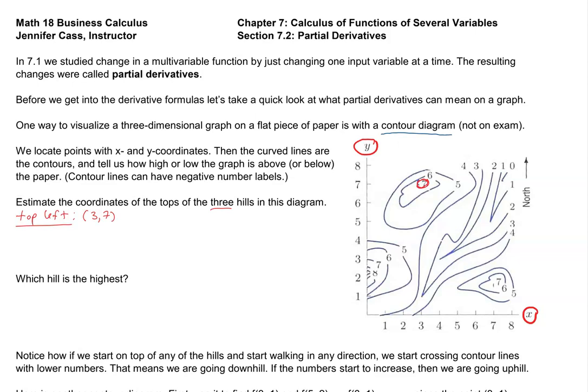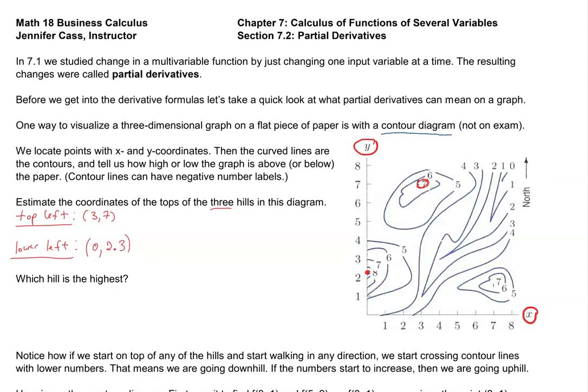Let's go to the lower left, the one that's on the edge of the graph. At the lower left of the graph, that x coordinate looks like it might be 0 if it really is on the edge of the graph. And then the y coordinate would be maybe a little above 2, maybe 2.3, something like that. You could approximate something a little more, a little less would be fine.